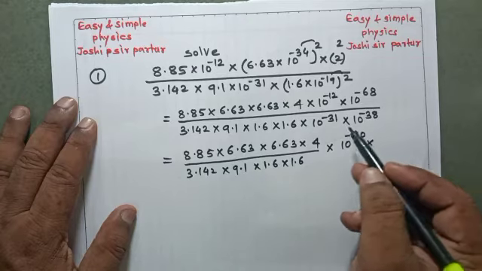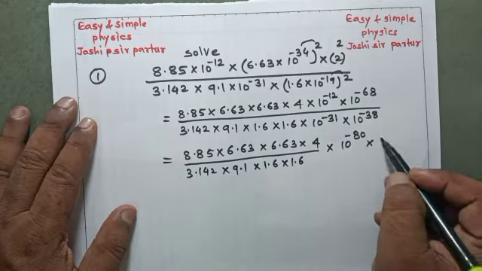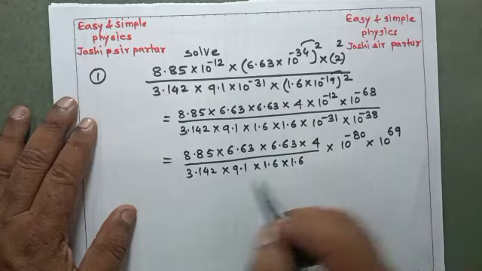So here 10 raised to minus 69 when in the denominator, so it is 10 raised to plus 69 in the numerator.